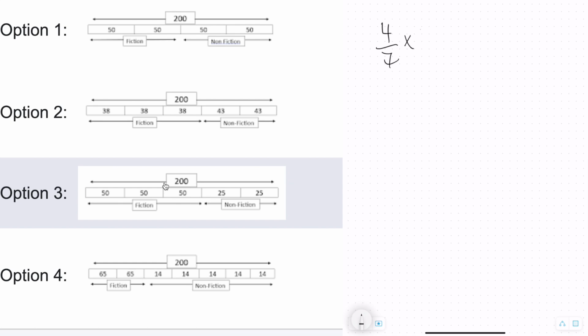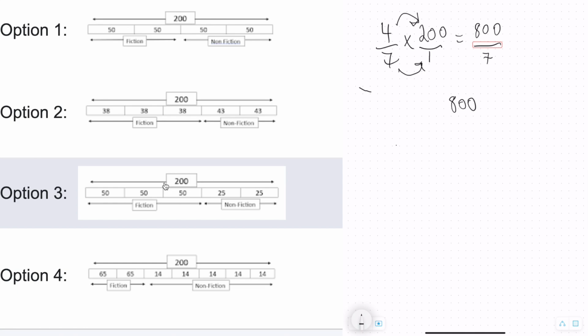So 4 over 7 times 200, we can put that over 1, and remember, when you multiply fractions, you multiply the numerators, and then you multiply the denominators. So 4 times 200 is 800, and 7 times 1 is 7. Now what we need to do is divide this 800 by 7.